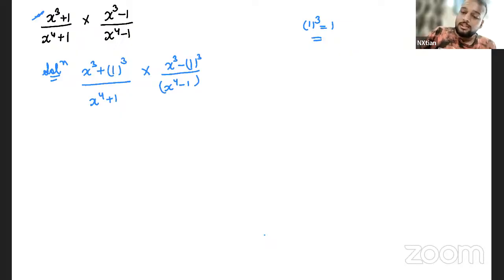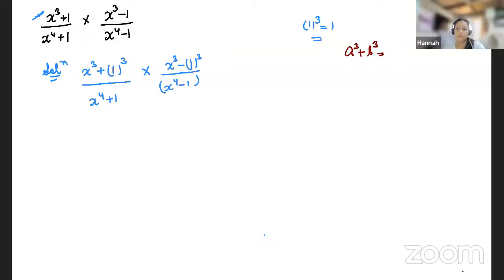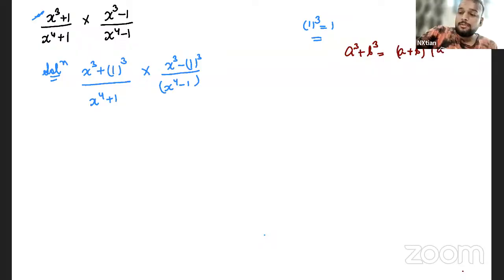Yes or no? Now it is in the form of a cube minus b cube and a cube plus b cube. What is the identity of that? Anna? a plus b into a square minus ab plus b square. If I compare this part and this part, I get the value of a is x and the value of b is 1.